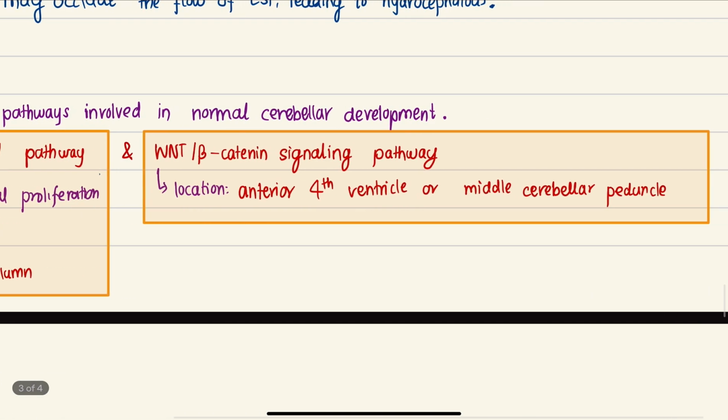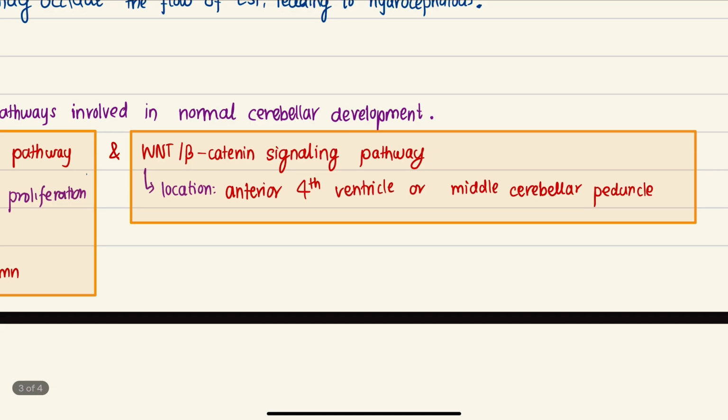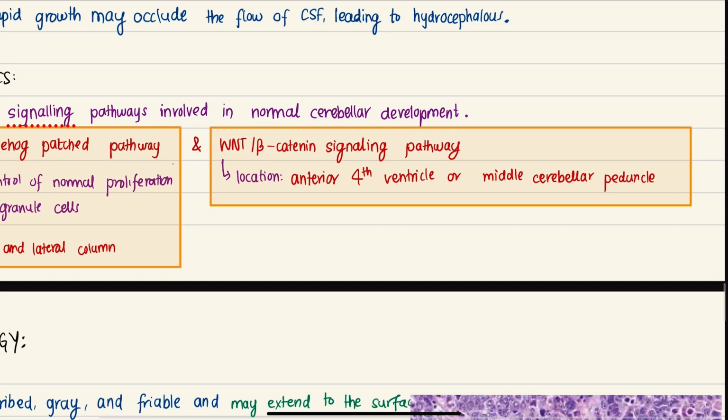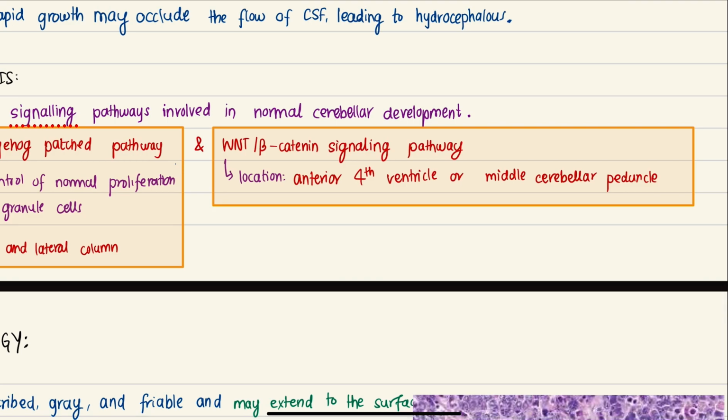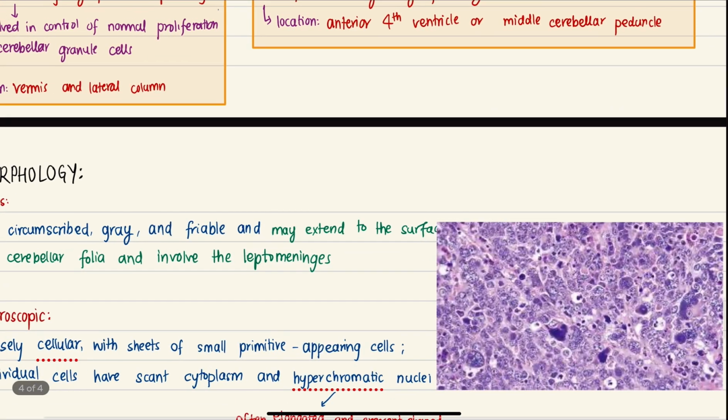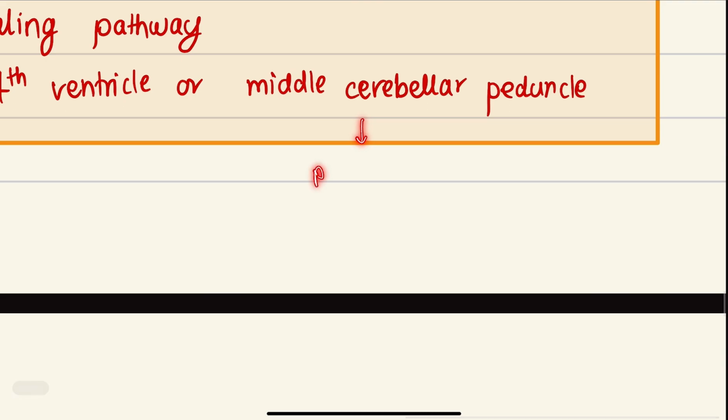And there's the WNT beta catenin signaling pathway. If there are certain mutations or hindrance of this pathway, we can see abnormal development of cells in the anterior fourth ventricle or middle cerebellar peduncle. The middle cerebellar peduncle basically means the region in the pons, and the medulla lies in the inferior cerebellar peduncle.